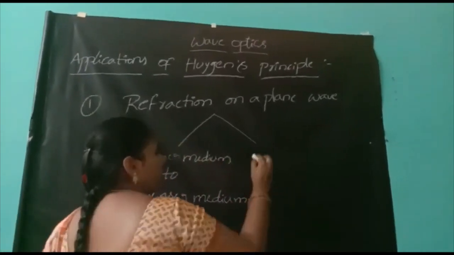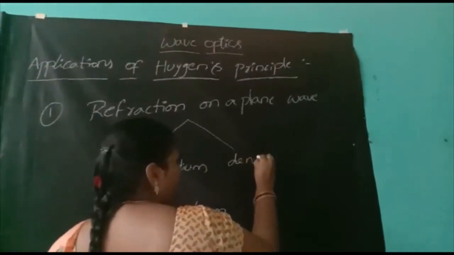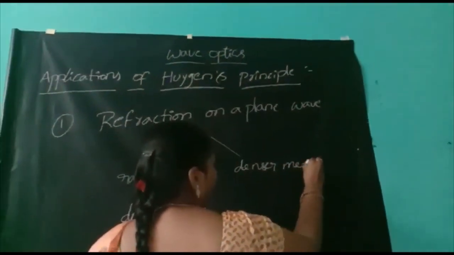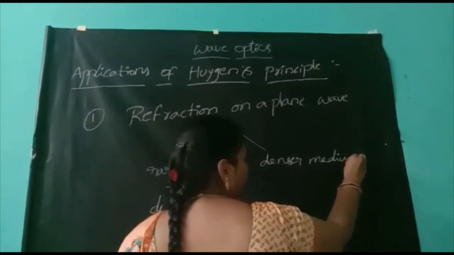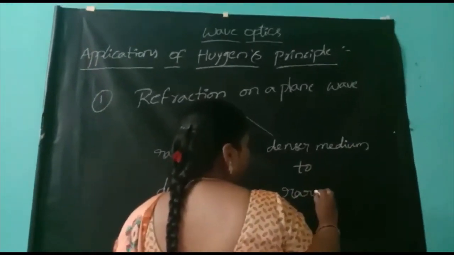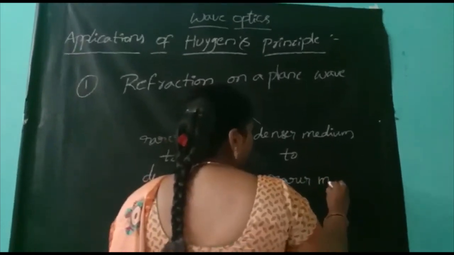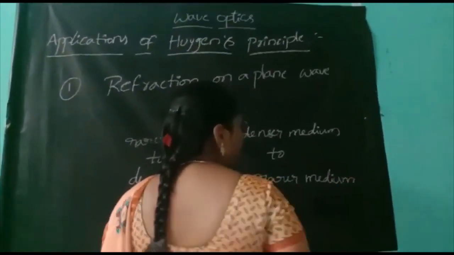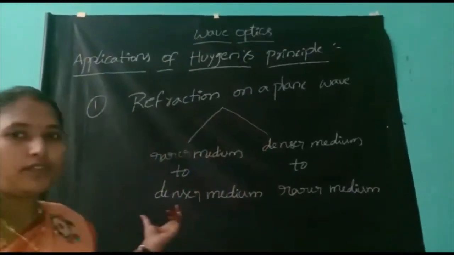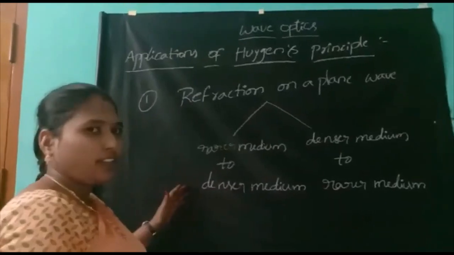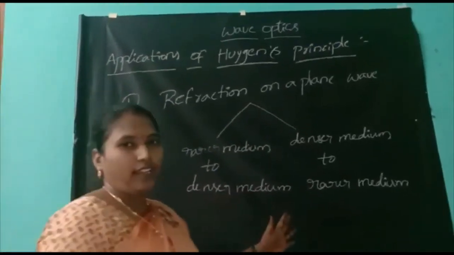Second one, denser medium to rarer medium. We check these two examples.